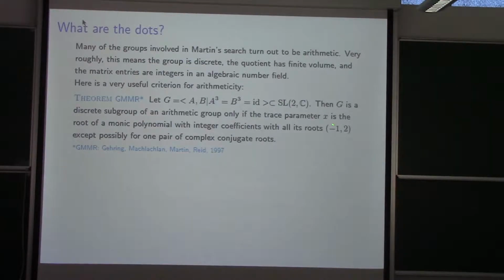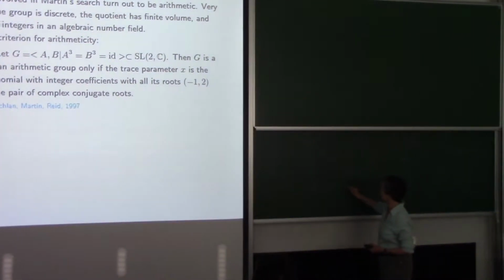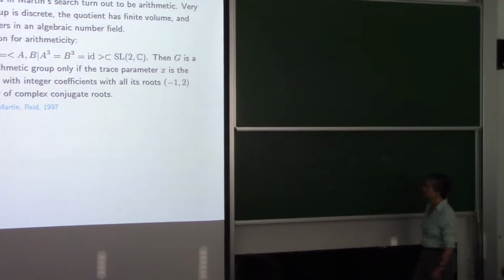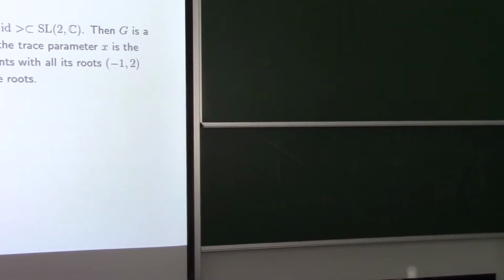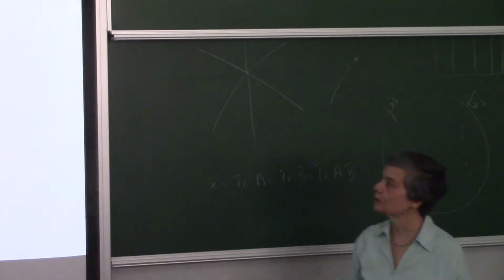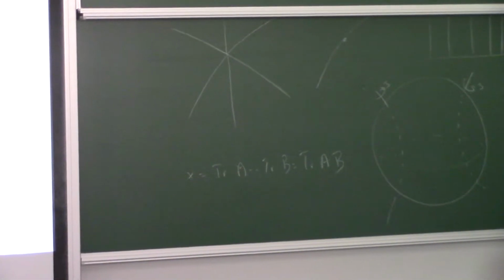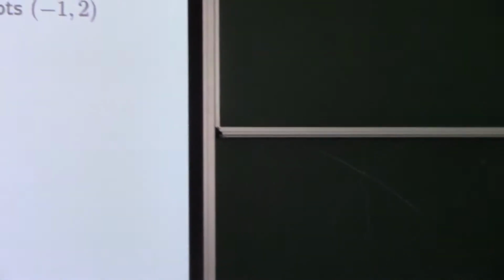If we take the trace parameter x that I had before, the trace of A, which is equal to the trace of B, which is equal to the trace of AB. Gavin had a slightly different parameter, but it differs by x minus 2 or x plus 2 or something. Okay, so here is a test for a group being arithmetic.